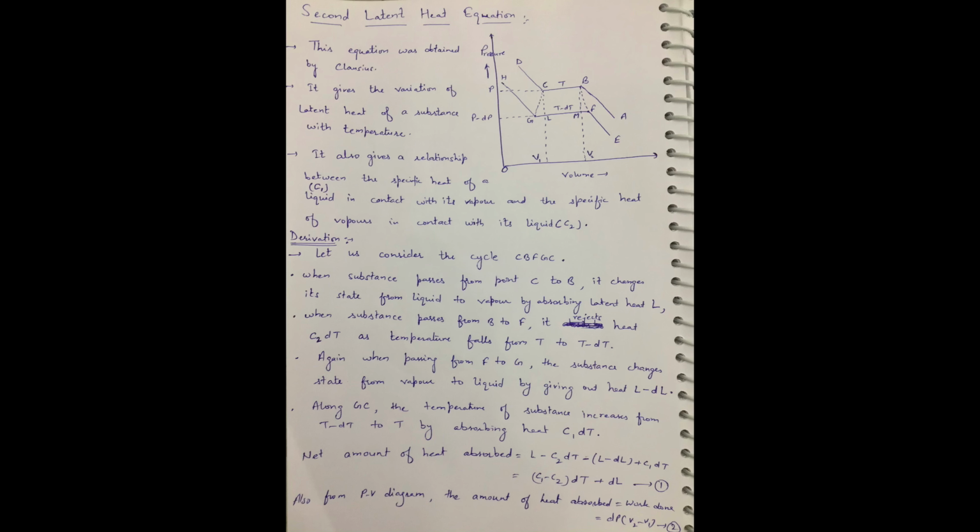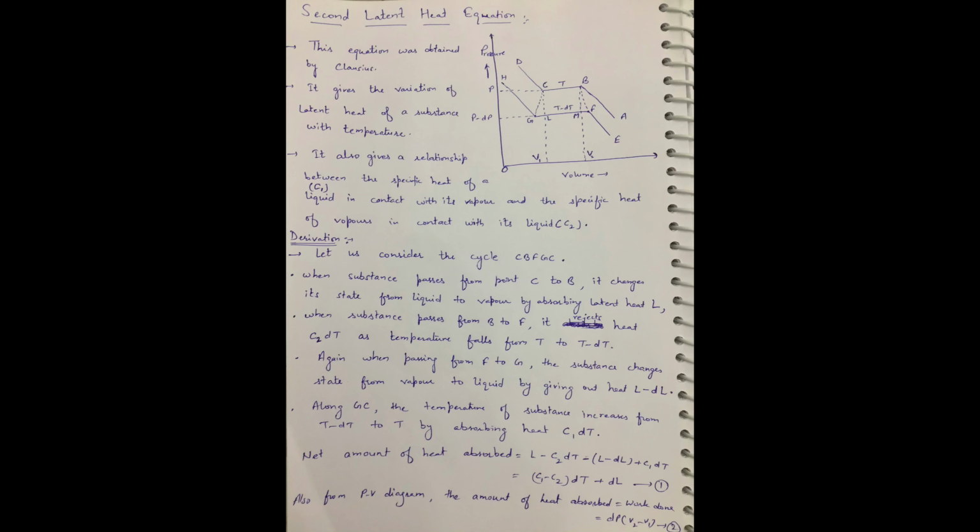So the temperature of the substance falls by amount dT. From F to G the substance is at constant temperature T minus dT, and from G to C again adiabatic process, in which the substance temperature increases by the amount dT from T minus dT to T.